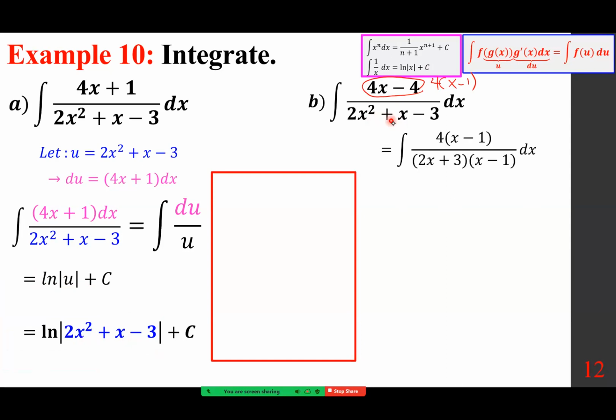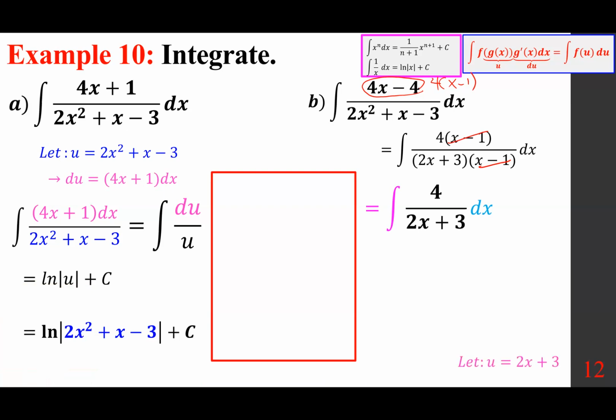So you should be able to factor. You drop the common factor of x minus 1, and you write this. It can no longer be simplified. You use the denominator 2x plus 3 as the choice of u. The derivative is 2, therefore du is 2 dx.